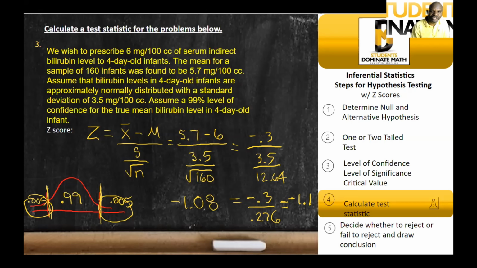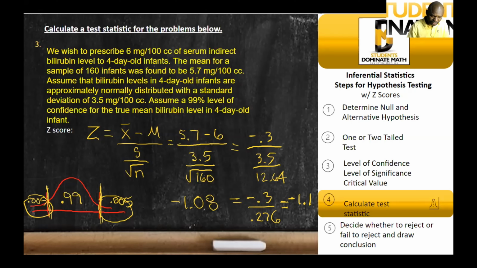For the 0.005, you'd look on the negative z-score table because it's to the left of the mean, and the 0.995, which is to the right of the mean, would require a positive z-score table. Both of those percentages would give you the critical value of negative 2.575. Those are the percentages we observe to get these critical values.